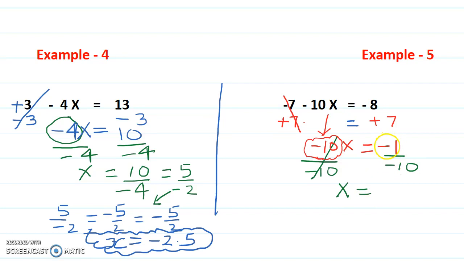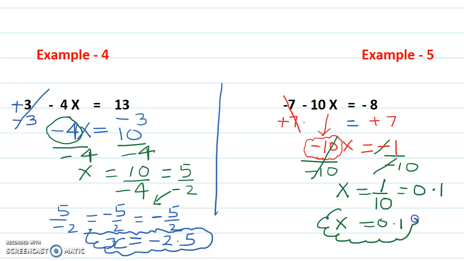And again, the top minus and bottom minus, so here also you can cancel. We are left with 1 over 10. This you can write as 0.1. So that's your answer. And please do not forget to check your working for these questions.